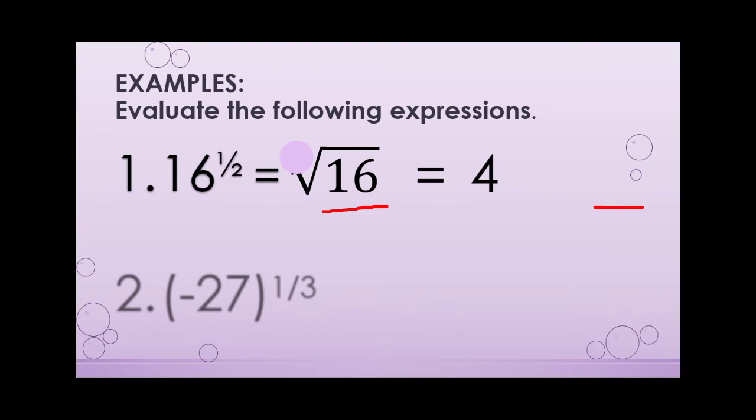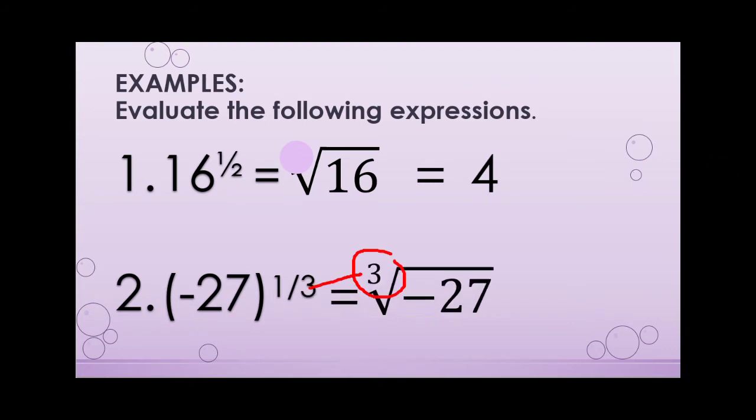Okay, example number 2 is negative 27 raised to 1/3. The denominator of the rational exponent is 3. So, ibig sabihin, 3 ang ating magiging index of the radical. Then, we have negative 27.